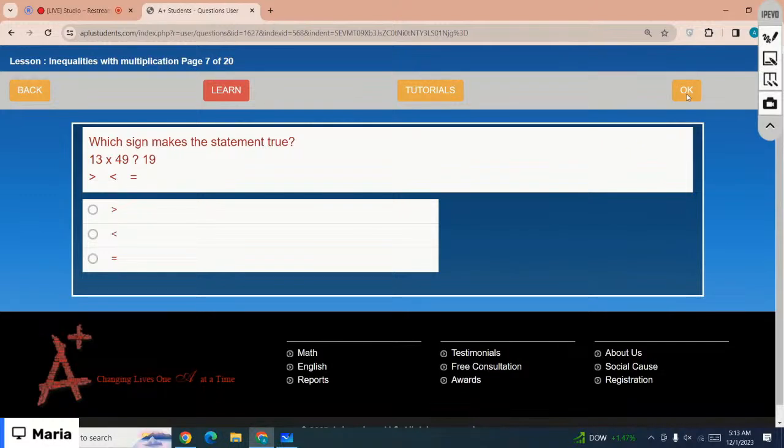So the correct option is that 13 times 49 is greater than 19.